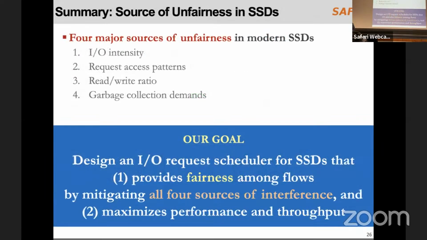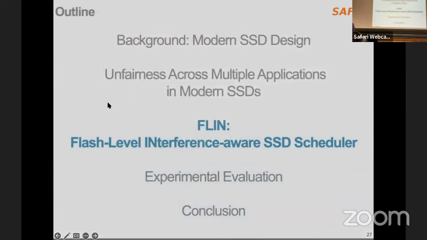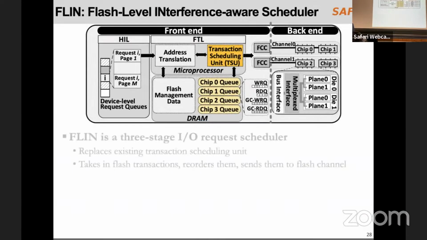So as a summary, these are the 4 major sources of unfairness that we have observed: different I/O intensity, request access patterns, read-write ratio, and garbage collection demands, essentially. And to overcome that, we designed FLIN, a flash-level interference-aware SSD scheduler. FLIN has 3 stages for I/O request scheduling.